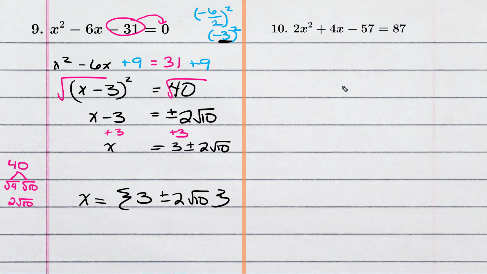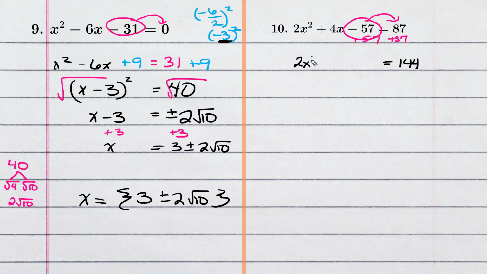Now if I look at 10, I'm going to do the same idea. But we got to add the 57 to both sides. So when I add the 57 to the right-hand side, I end up with 144 on the right-hand side.